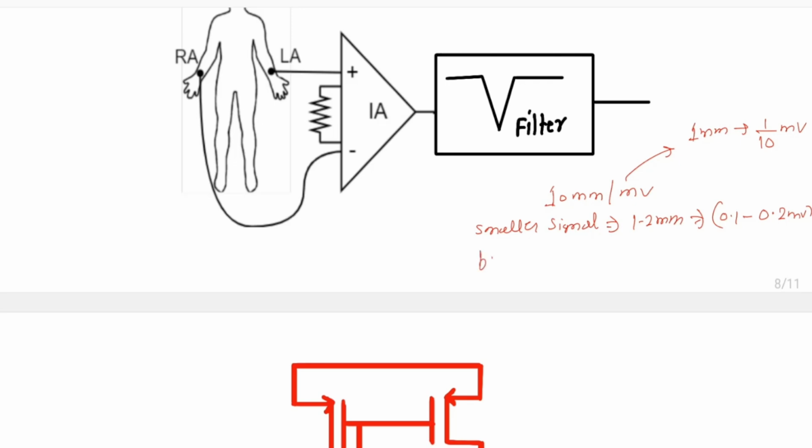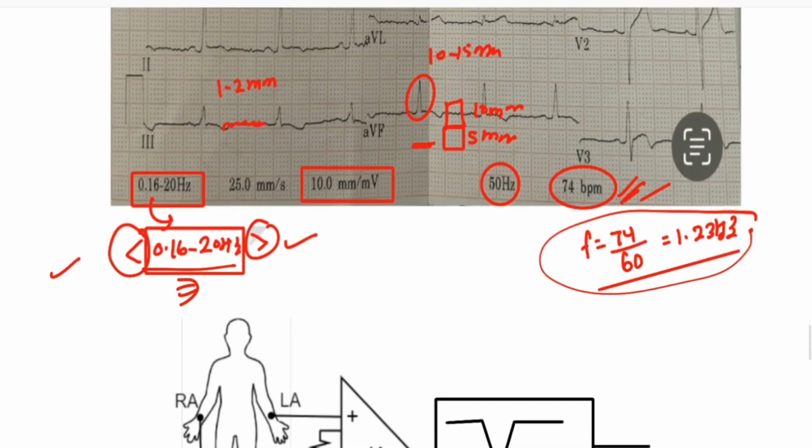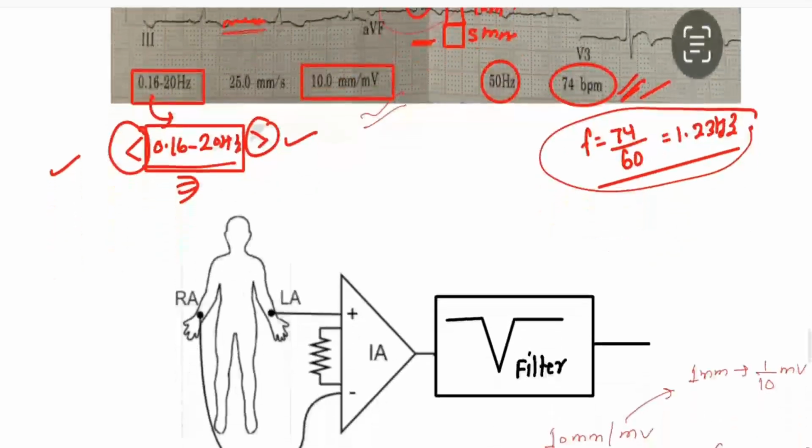The bigger spike was 10 to 15 mm, so that will be 10 by 10, 1 millivolt to 1.5 millivolt. The smaller one is 1 to 2 mm, so that will be 0.1 to 0.2 millivolt, and the bigger one is 10 to 15 mm, so that will be 1 to 1.5 millivolt.